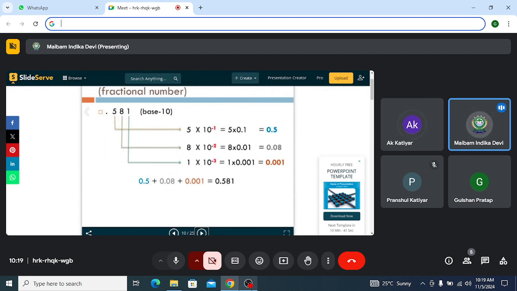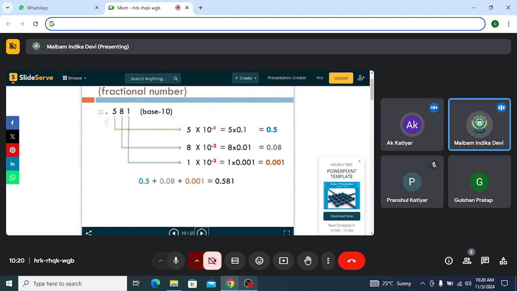If it is before the decimal point, it will proceed from right to left, starting from 0. Clear? Okay, so this is how you do it. The only difference is whether it is after the decimal point or before the decimal point. 0 is not present in the fractional part.